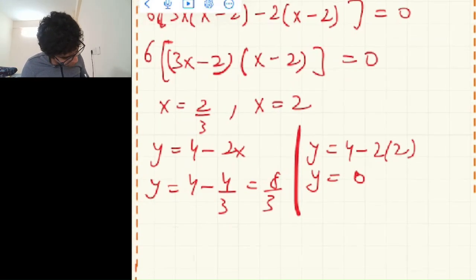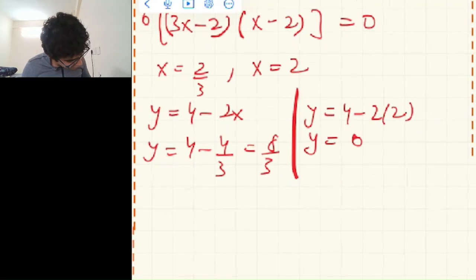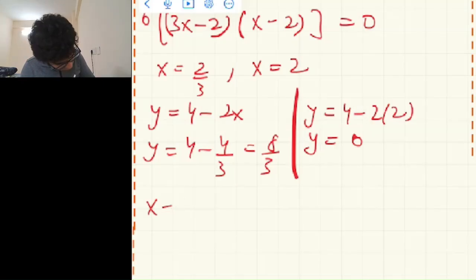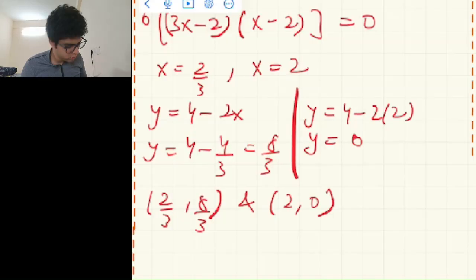So we have got ourselves another point. Another set of points that we have is 2 by 3 comma 8 by 3, and we have 2 comma 0 again.